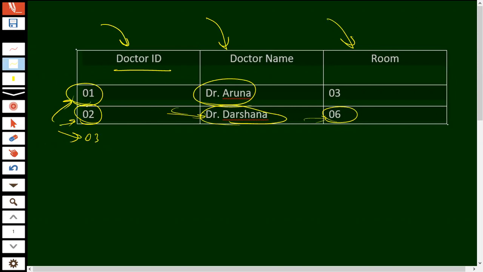Dr. Arjuna is number one. The number one field can be used to identify Dr. Arjuna uniquely. Unique means uniqueness, that means separated from others, uniquely identified. Then this Dr. ID field can be mentioned as primary key.